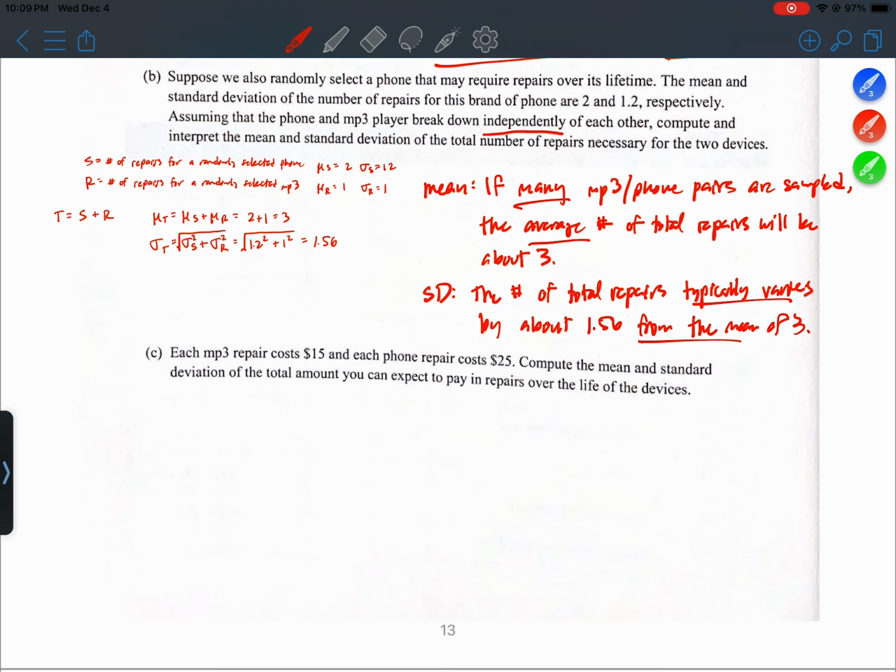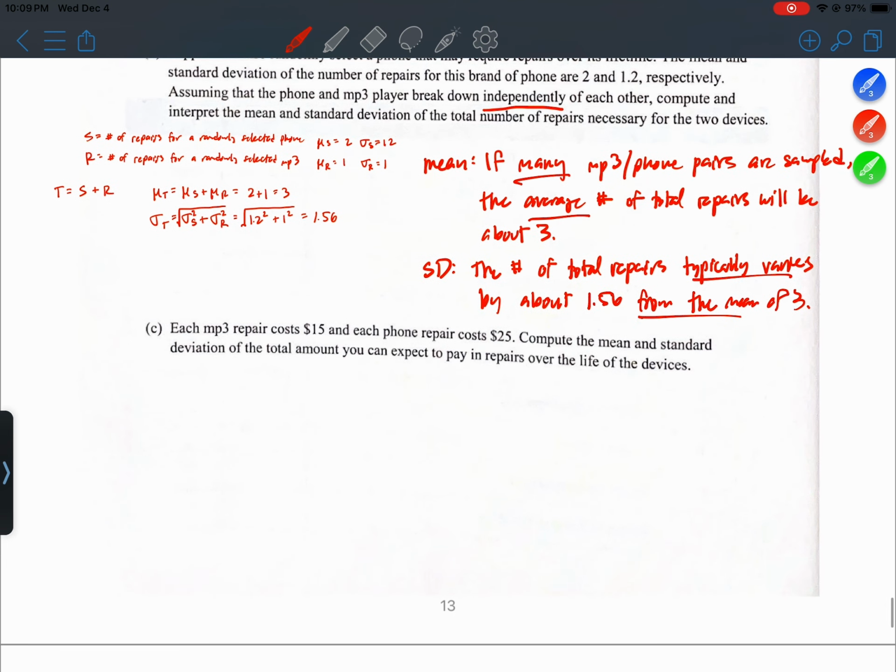All right, last part. Each MP3 repair costs $15 and each phone repair costs $25. Compute the mean and standard deviation of the total amount you can expect to pay in repairs over the life of these devices. All right, I'm going to define some new variables here.